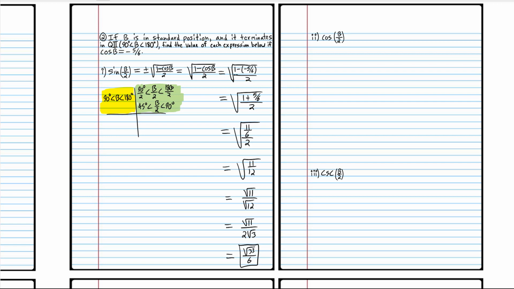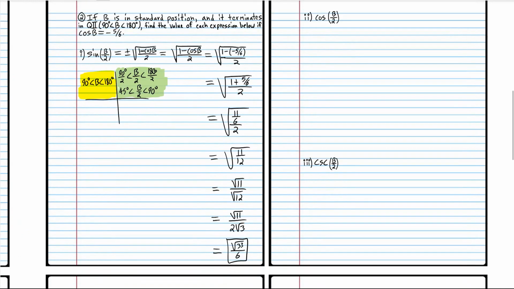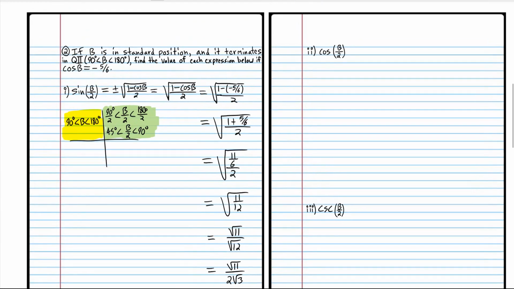So we use the half angle formula again, and now we're going to find cosine B/2, but we have sine B, so we can find all the other ratios pretty easily.